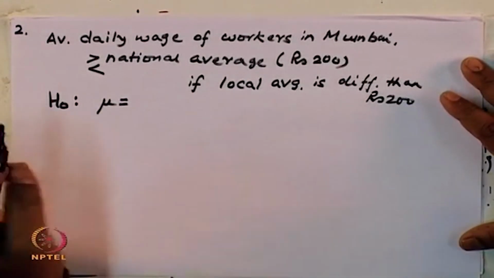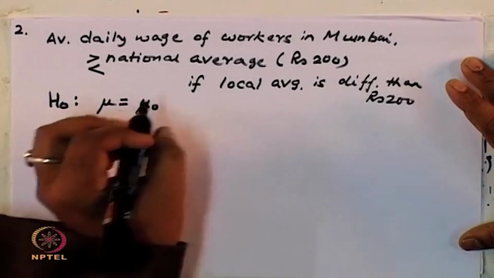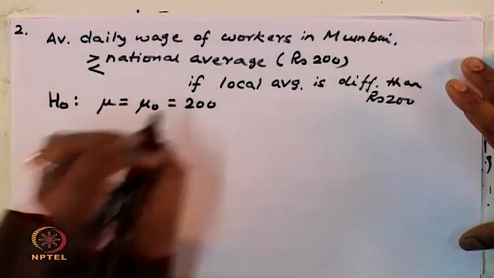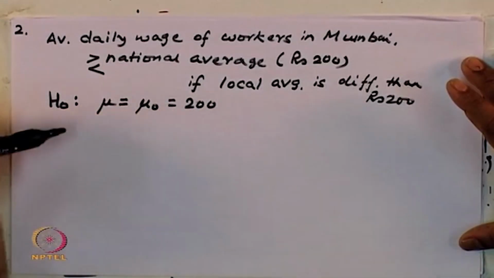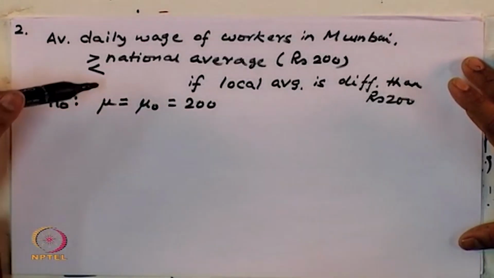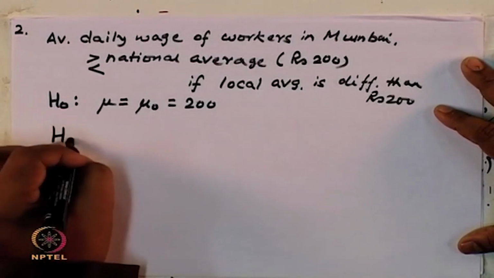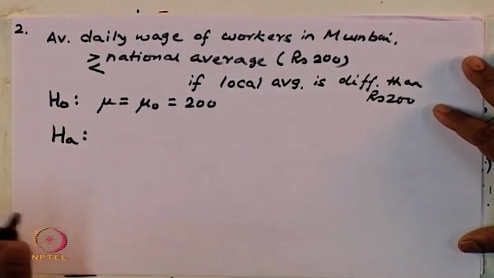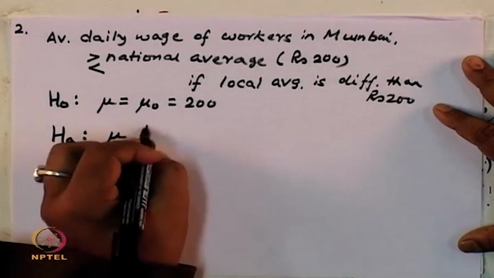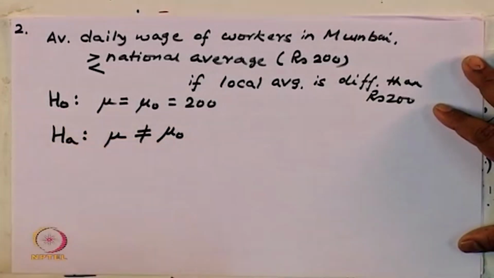Your null hypothesis assumes that mu is equal to mu naught is equal to 200. That means you assume that the local average is the same as the national average. And H A assumes mu is not equal to mu naught.